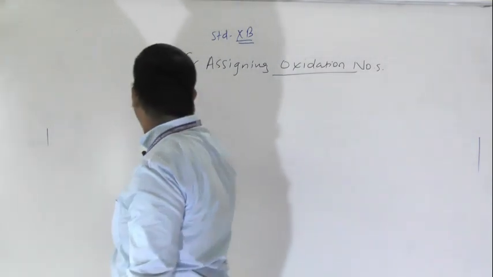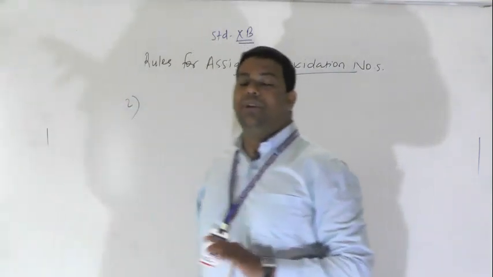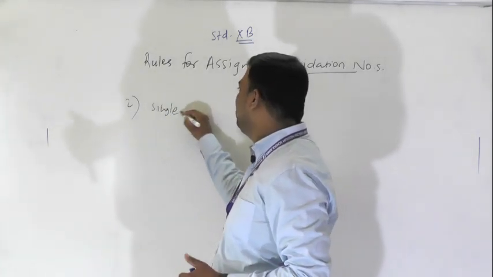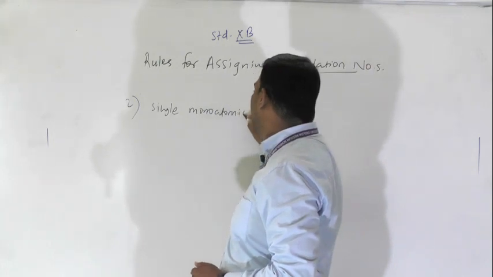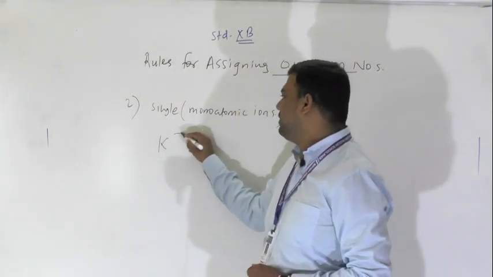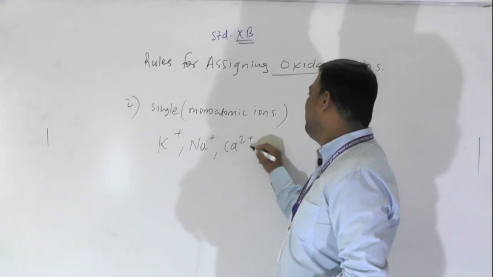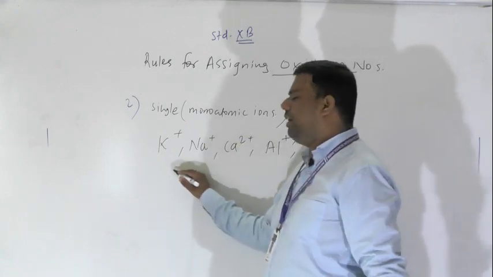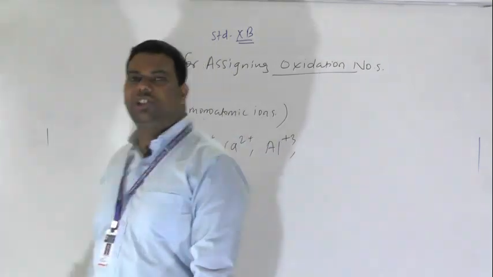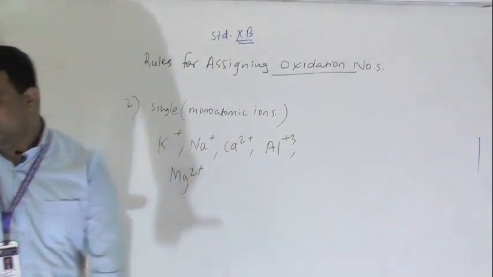Some elements exist as single monoatomic ions, such as K+, Na+, Ca2+, Al3+, and Mg2+. For whatever these monoatomic ions are, their charge is equal to their oxidation number. It will never change.